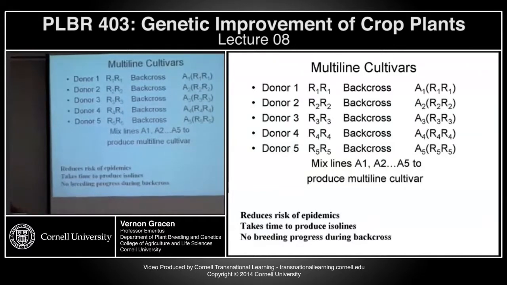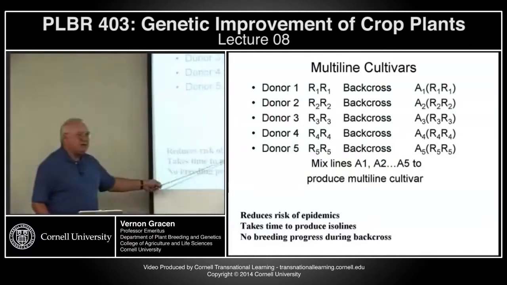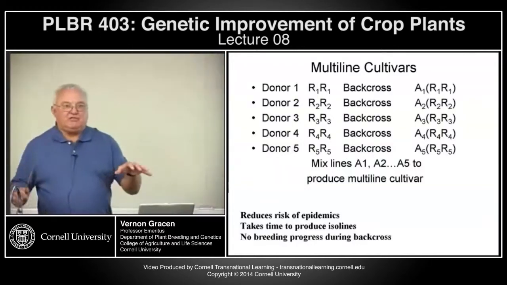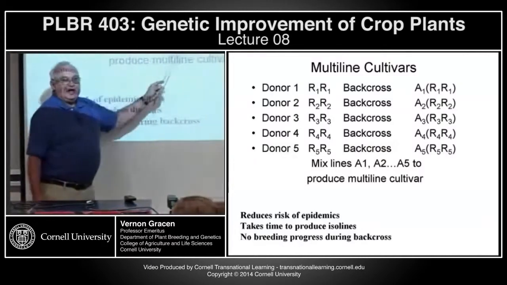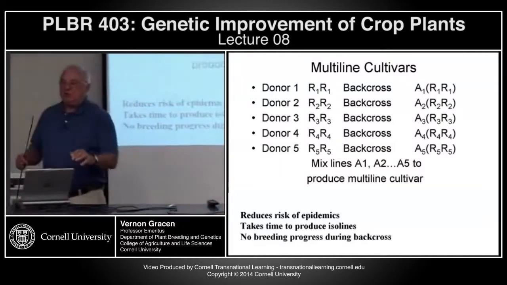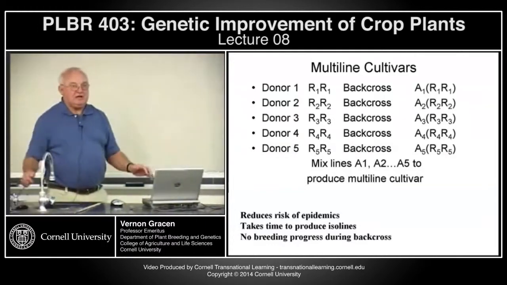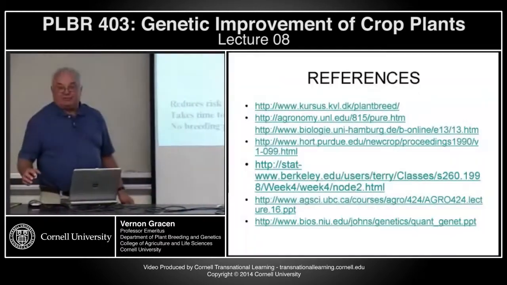We mix them together and we get a multiline that will reduce the risk of epidemics, because it's relatively easy for a pathogen population to overcome one of these genes at a time. It's a lot more difficult to overcome 2 and almost impossible to overcome 3 at a time. So that's the concept of multilines.